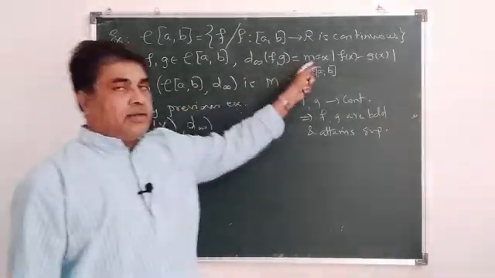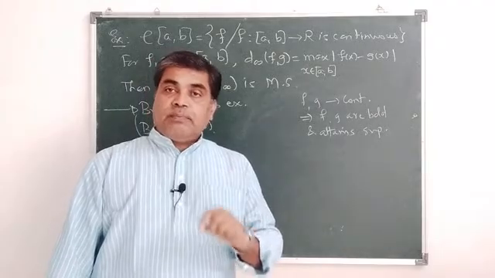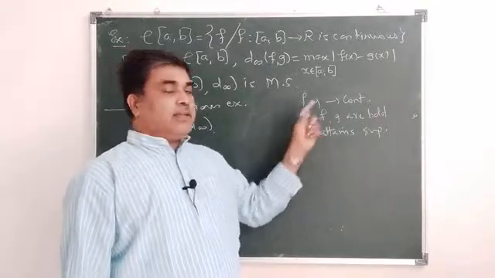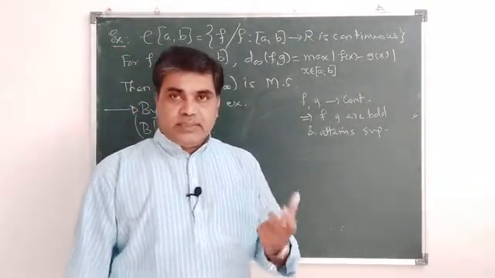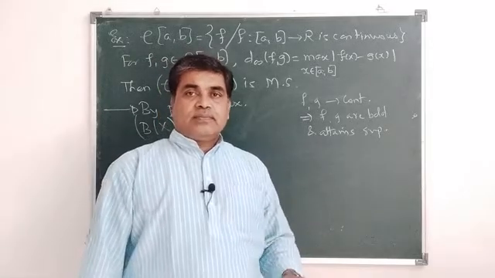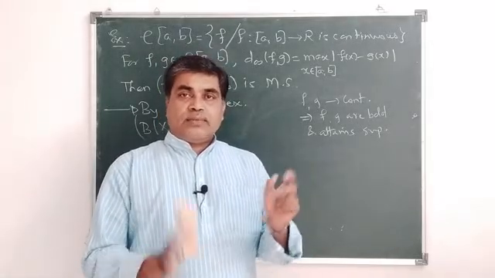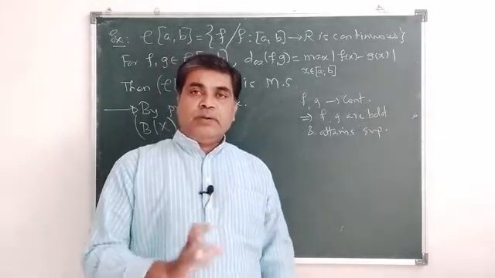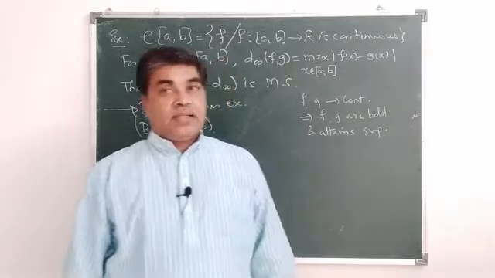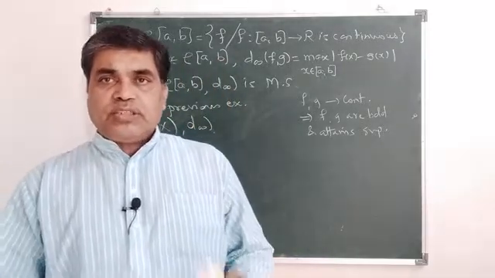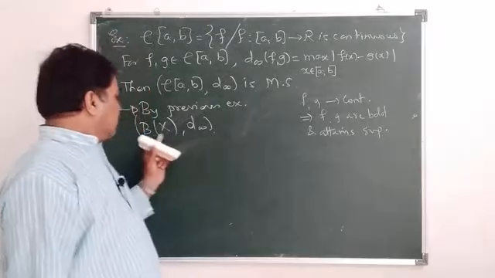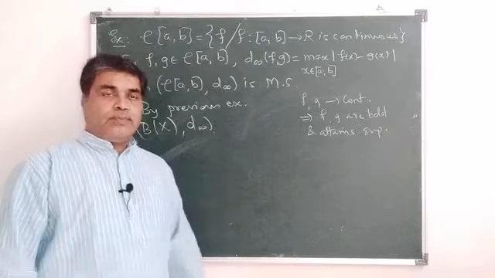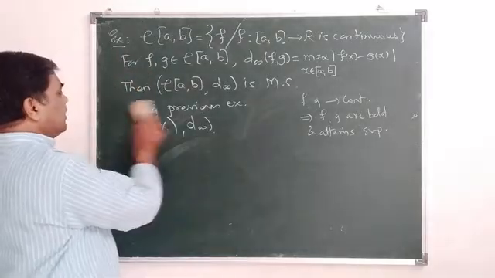Only you have to replace supremum by the word maximum, and you have to just write the reasoning. If f and g are continuous functions, their difference is continuous. A continuous function on a closed and bounded interval is a bounded function as well as it attains its supremum. That supremum is nothing but the maximum of range set. Only you have to use this idea to prove this CAB with d infinity is a metric space. Is it clear? Now we'll go to the next example.